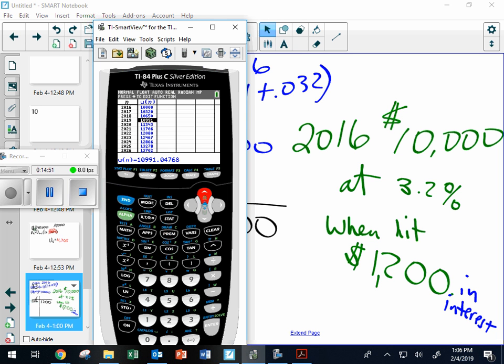Okay, so what I would assume is that these are as of the beginning of the year, and therefore it isn't until the beginning of this year it hit 1,200 in interest. So it would have happened sometime in 2019. And I know that's a little bit frustrating, but it happened sometime in 2019.